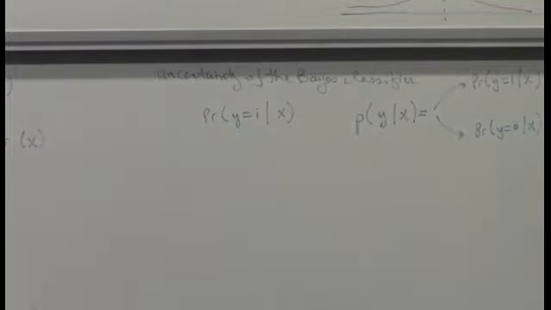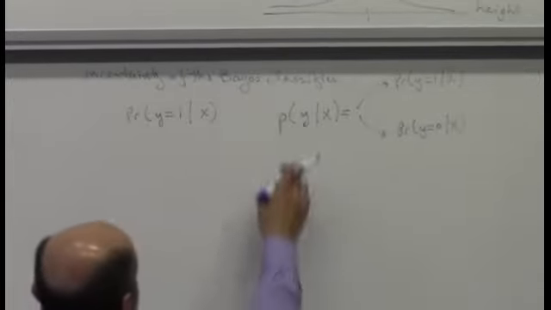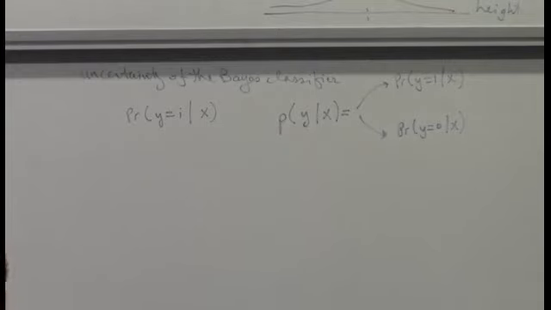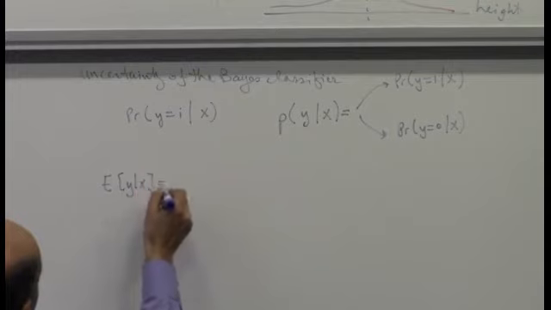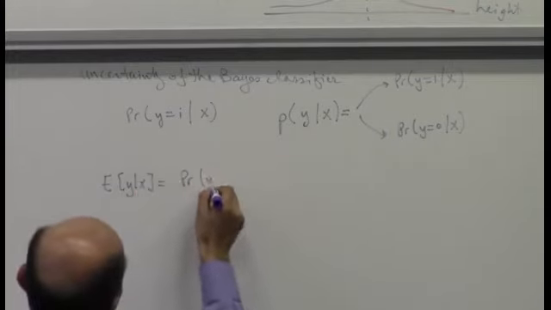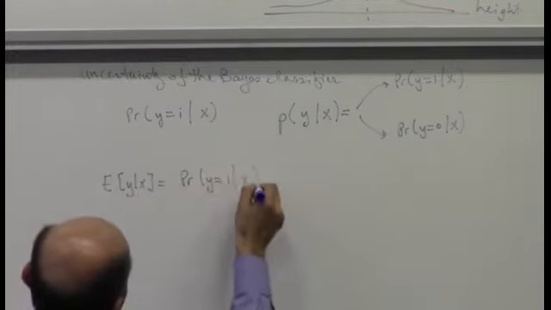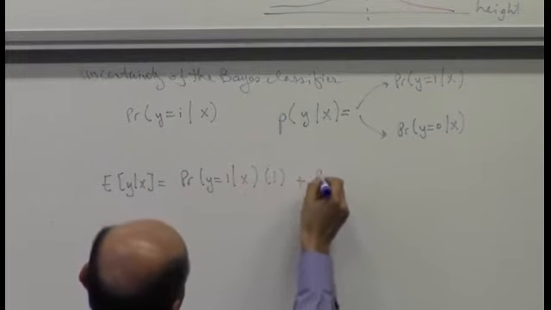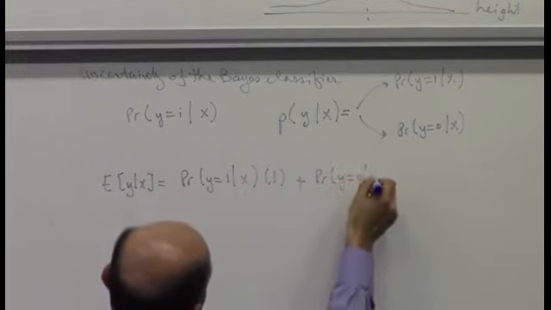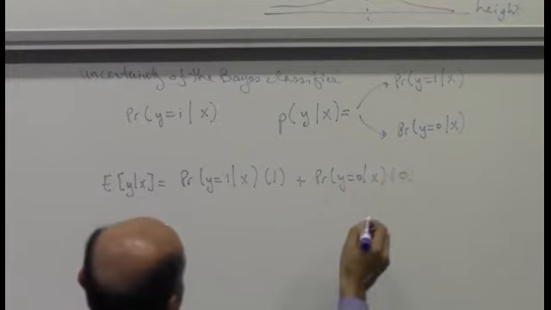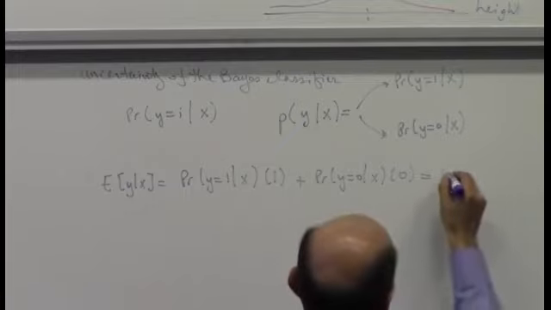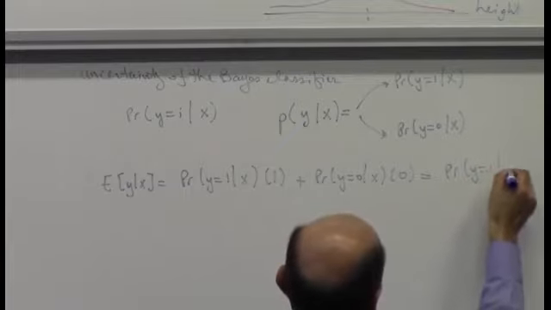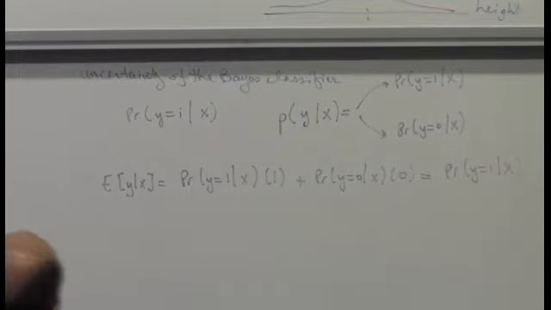So what is the variance of this distribution? I have an expected value of y given x, which is the probability of y equal to 1 given x times 1, plus the probability of y equal to 0 given x times 0. This is just equal to the probability of y equal to 1 given x. That's the mean of my distribution.